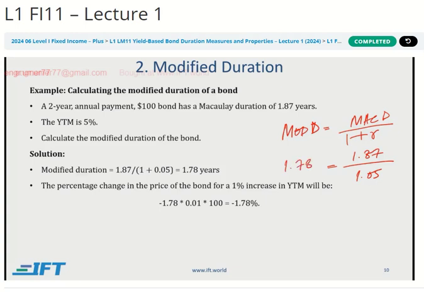Now, what does that 1.78 mean? It's not in years anymore. This means that if you increase your YTM by 1%, your bond price will fall 1.78%. So this is in percentage terms now.